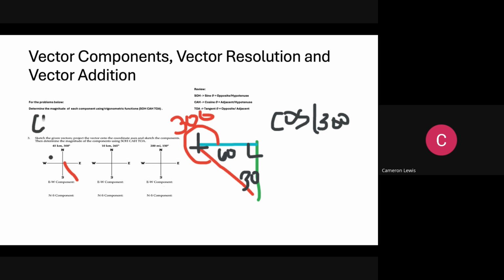Cosine of 300 equals adjacent over hypotenuse, and the hypotenuse is 45.